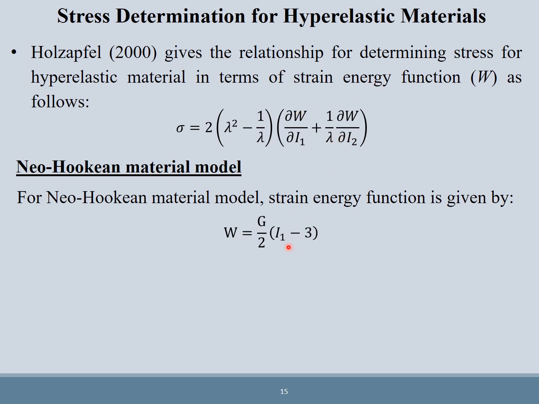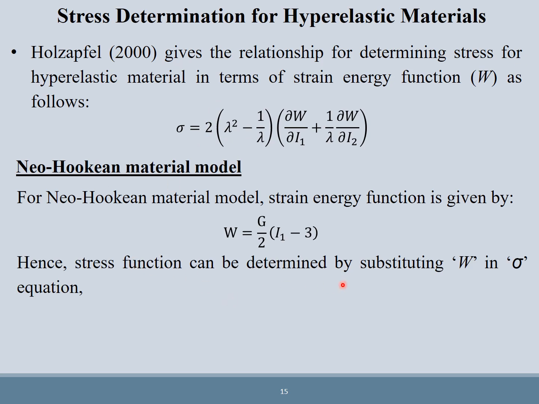When we differentiate with respect to I1, we get G upon 2. When G by 2 is multiplied with this, the 2 will be cancelled and we get G times lambda square minus 1 upon lambda, where lambda is the axial stretch.